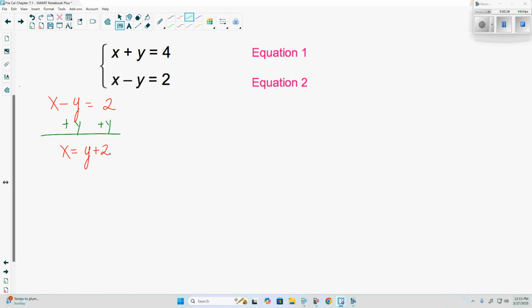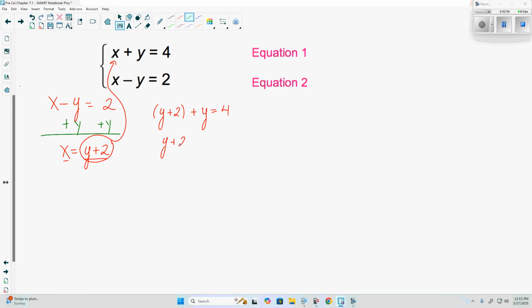We need to get one of the two variables by itself because it's telling us that x is equal to y plus 2. At this point, we can substitute the y plus 2 into the other equation for x, giving us y plus 2 plus y is equal to 4. Now we just need to solve this equation for y.